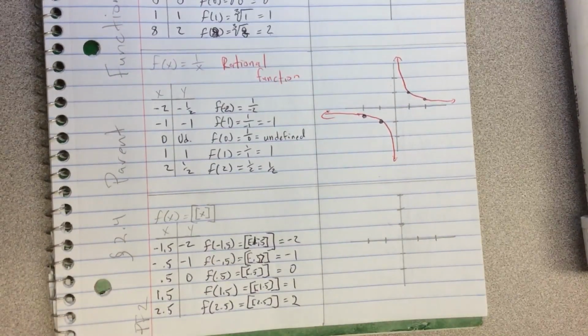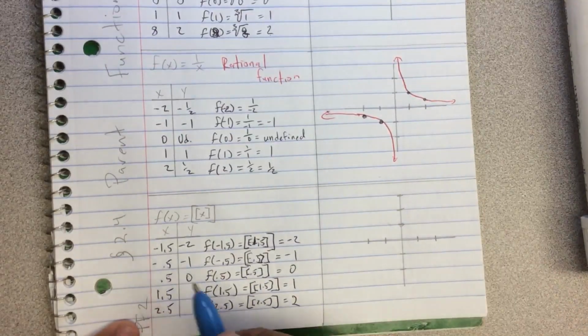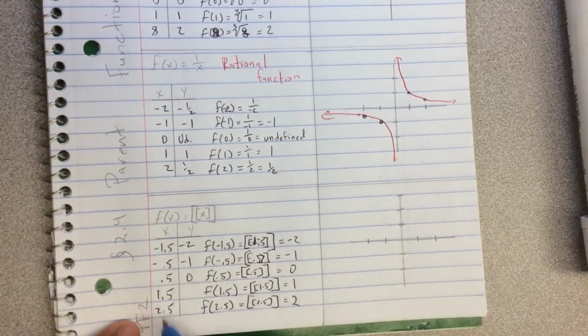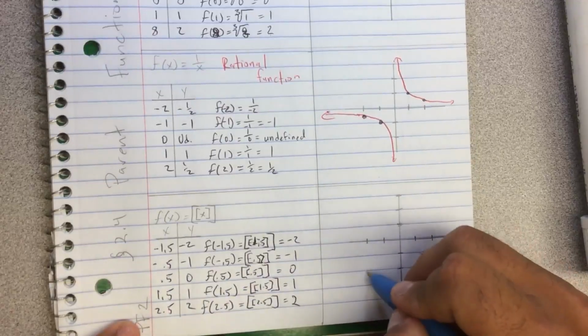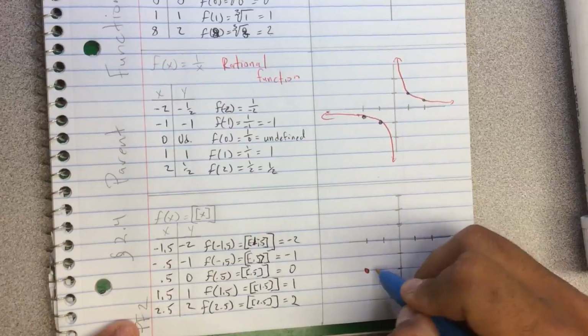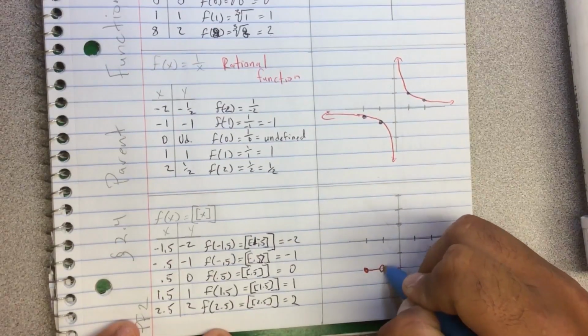So the way this one works, like I said, it looks like stairs. It's always based on the biggest integer that's possible. So the biggest integer that's possible for this one is our -2. But this can also go all the way up to -1, but doesn't actually hit there.